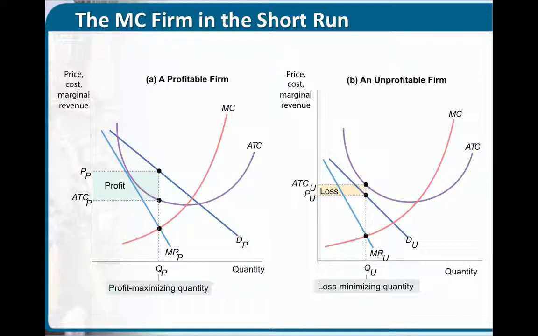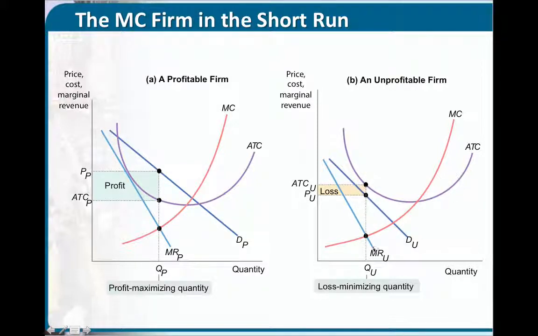So here we'll see a monopolistically competitive firm in the short run. On the left, you'll see a profitable firm where the optimal point of production is where marginal cost equals marginal revenue. We go up to average total cost and price, and we'll see that price is above the average total cost point. This point right here is the profit.